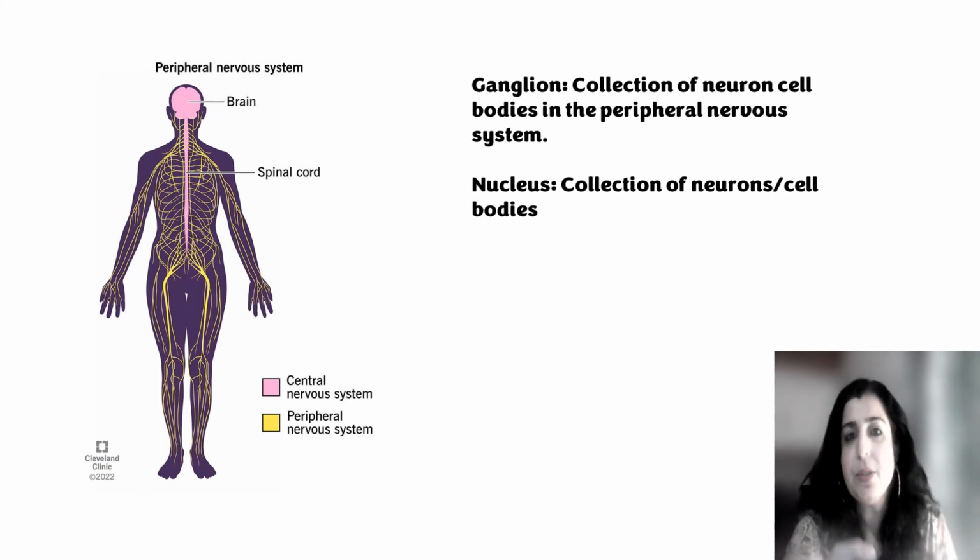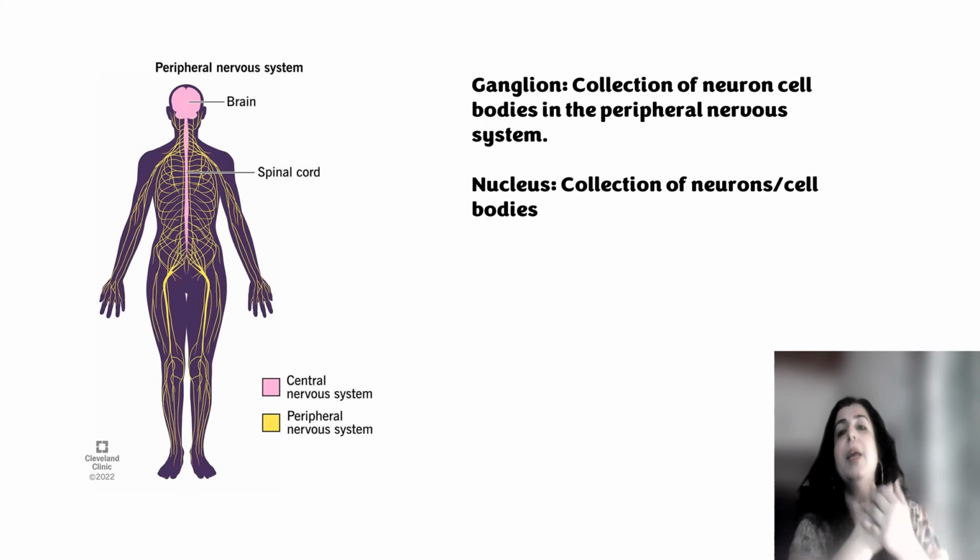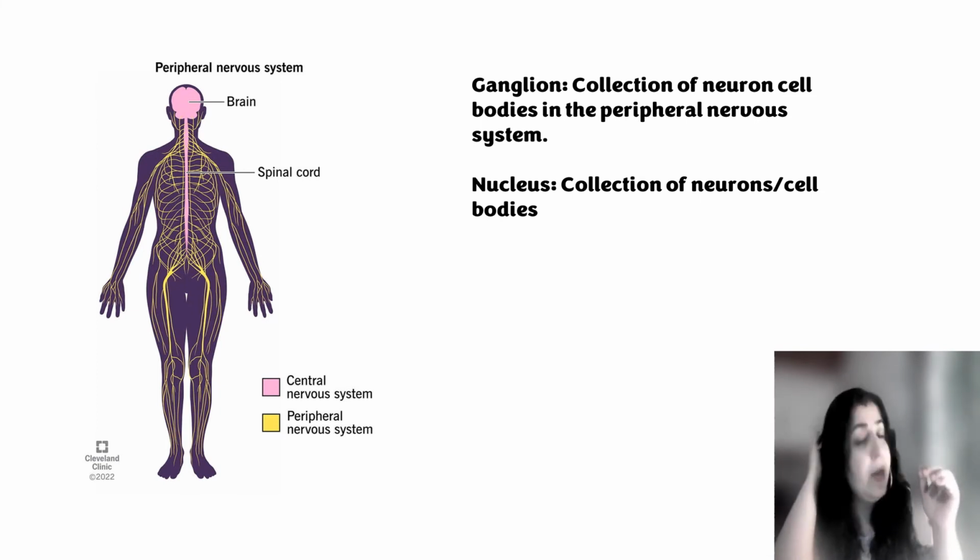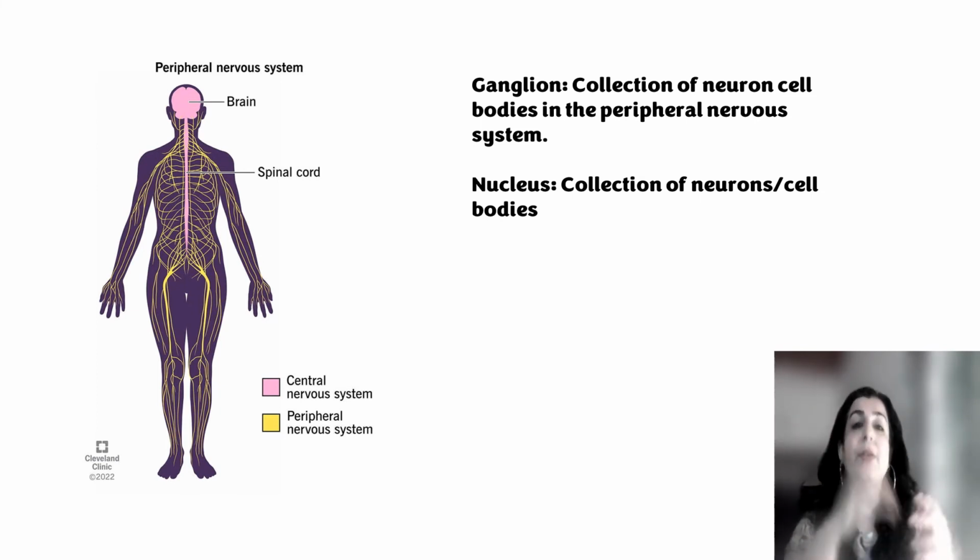These are the definitions which your book had, so that's why I put them here. I don't know for what purpose it is in psychology, but it's good if you know that a collection of neuron cell bodies in the peripheral nervous system is called a ganglion. When there are many neuron cell bodies collected in big bundles, they are called ganglia. The same collection of cell bodies, if present in the brain or in the CNS, the central nervous system or spinal cord, is called a nucleus.